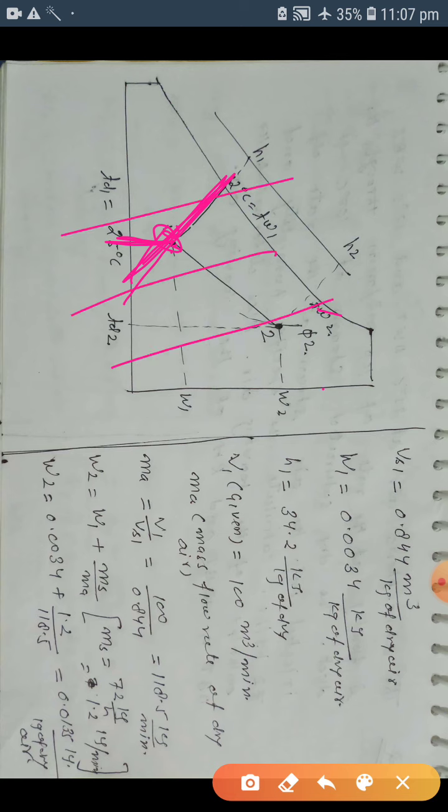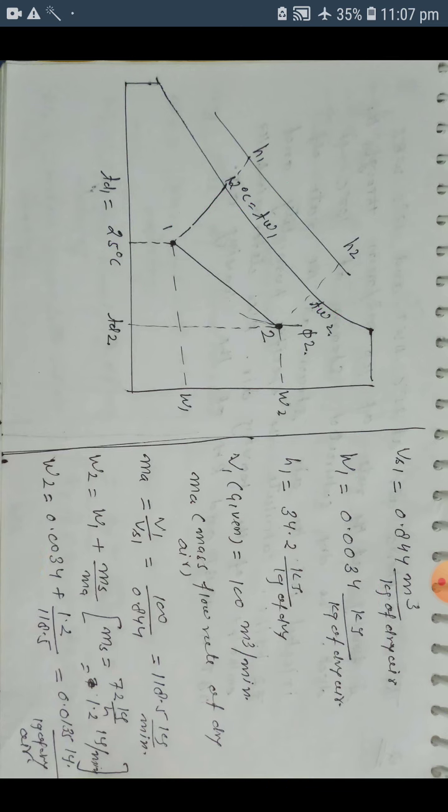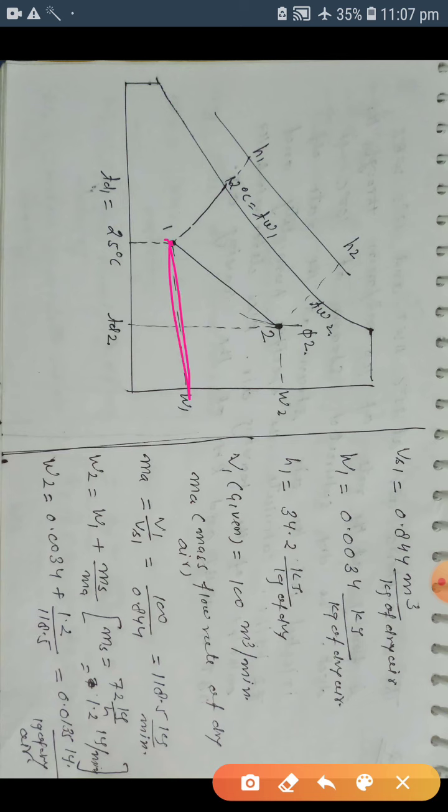You may calculate the specific volume at the point 1 from the psychrometric chart. Specific volume is 0.844 meter cube per kg of dry air. From the point 1, W1 you may calculate and H1 you may calculate. From here, this is H1.